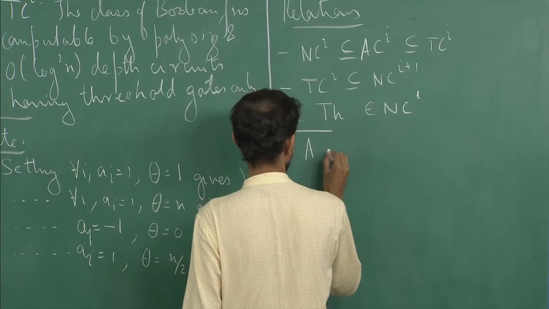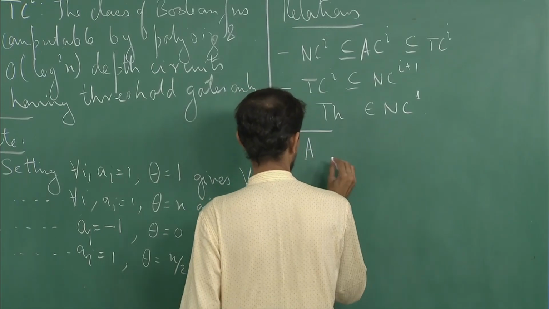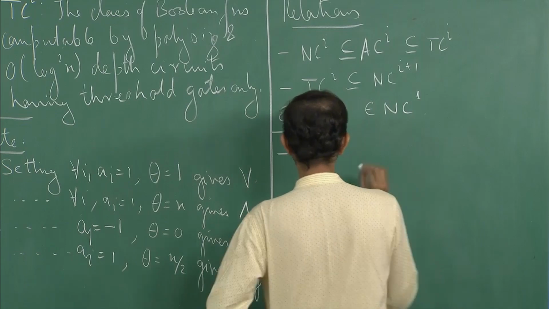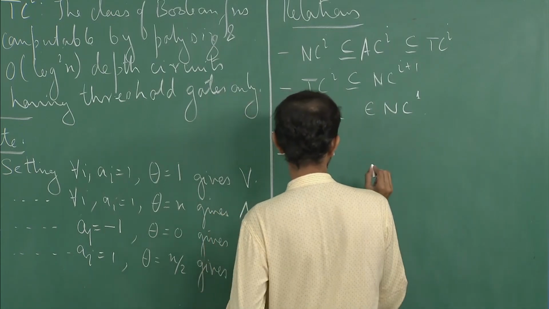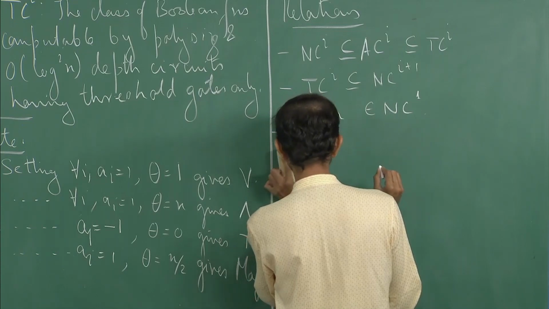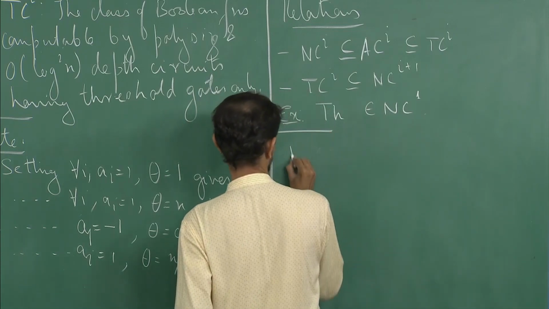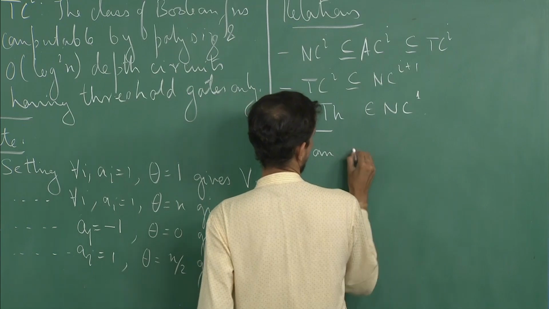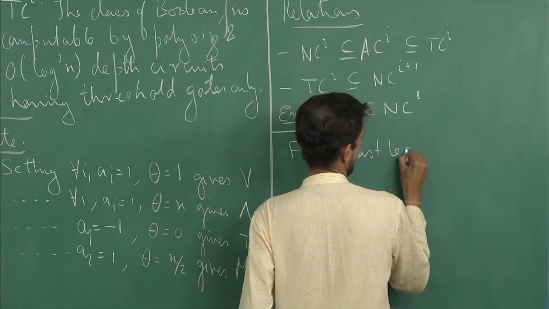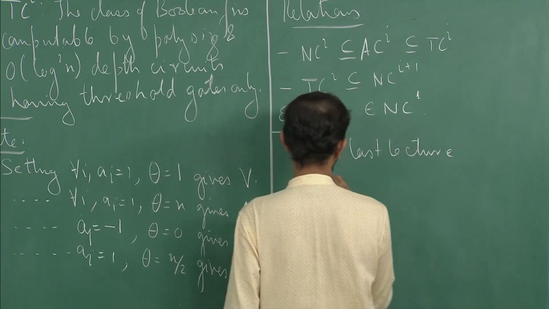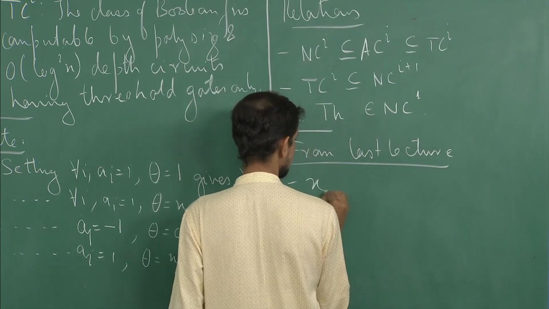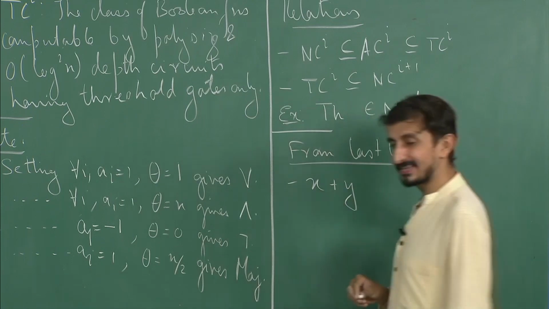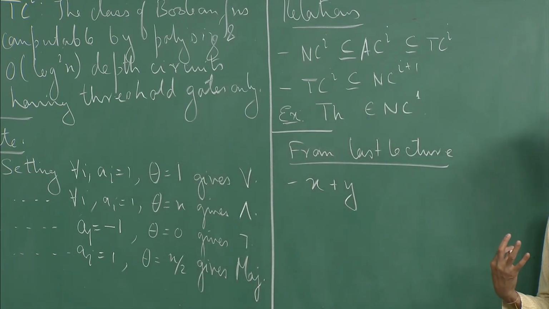We saw that given two numbers x and y, we can do x plus y in what kind of complexity.